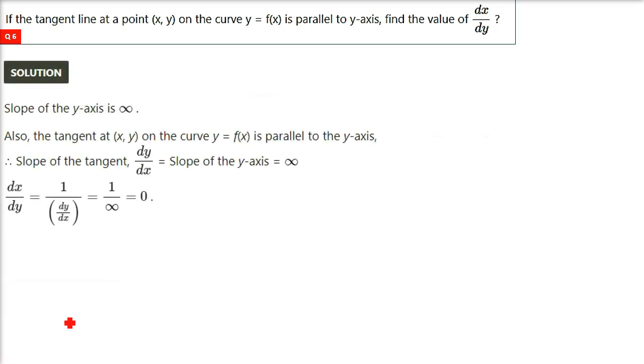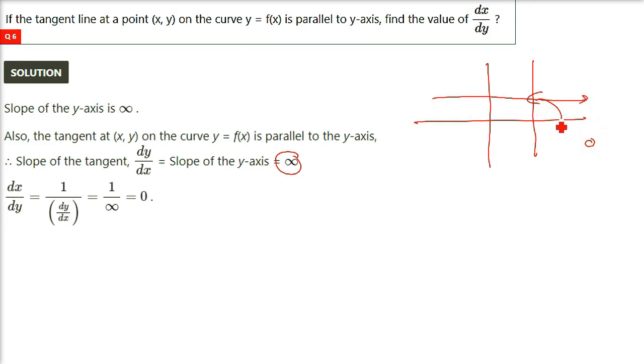See, this is the kind of solution they have given, but if it is parallel to the y-axis, tangent, this angle is 90 degree, tan 90 degrees is infinite. So if you want to find the normal slope, it will be 0, but it will be infinite whenever it is parallel to the y-axis, because the angle is 90 degree.